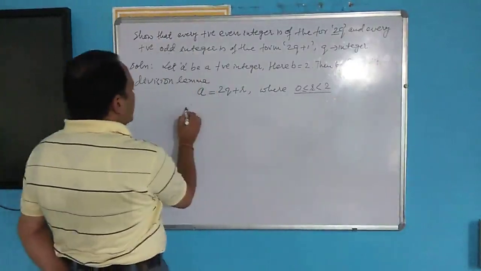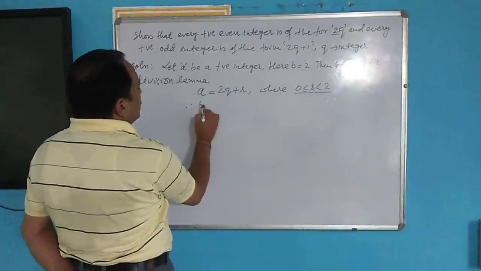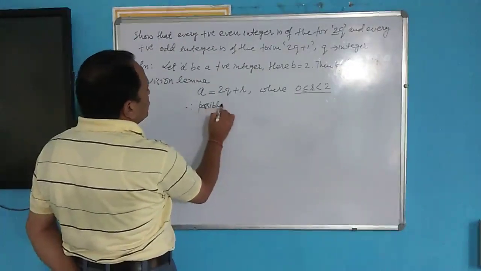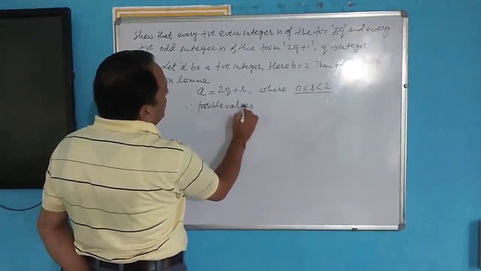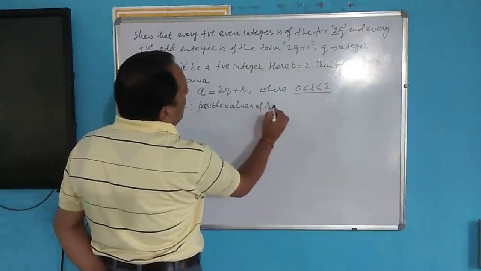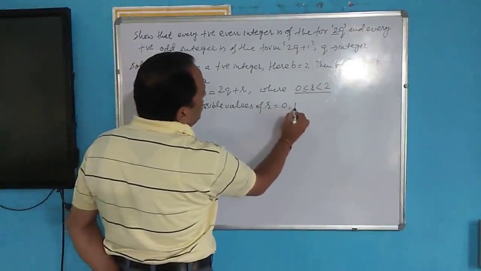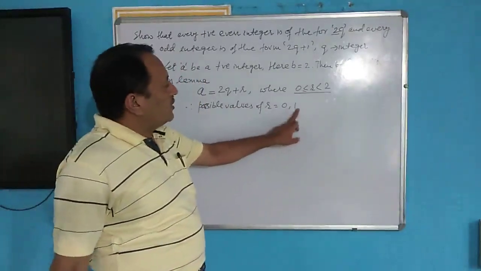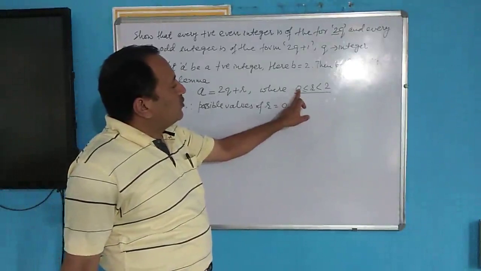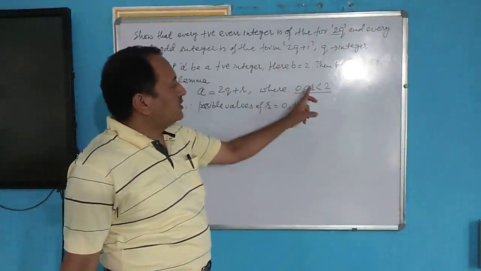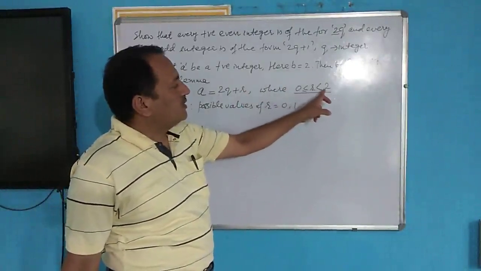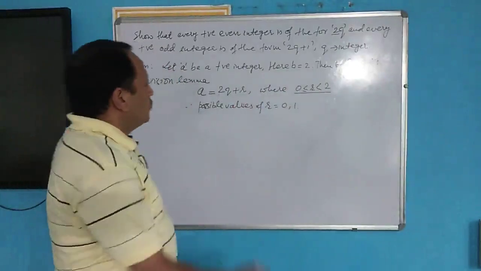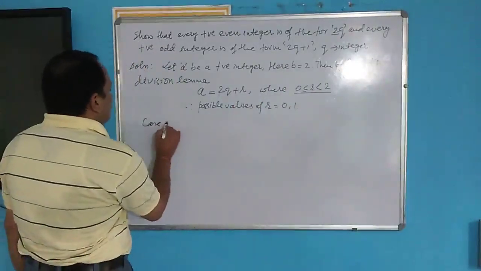Therefore possible values of r are 0 and 1. These two values of r are coming from this condition, 0 less than or equal to r less than 2.